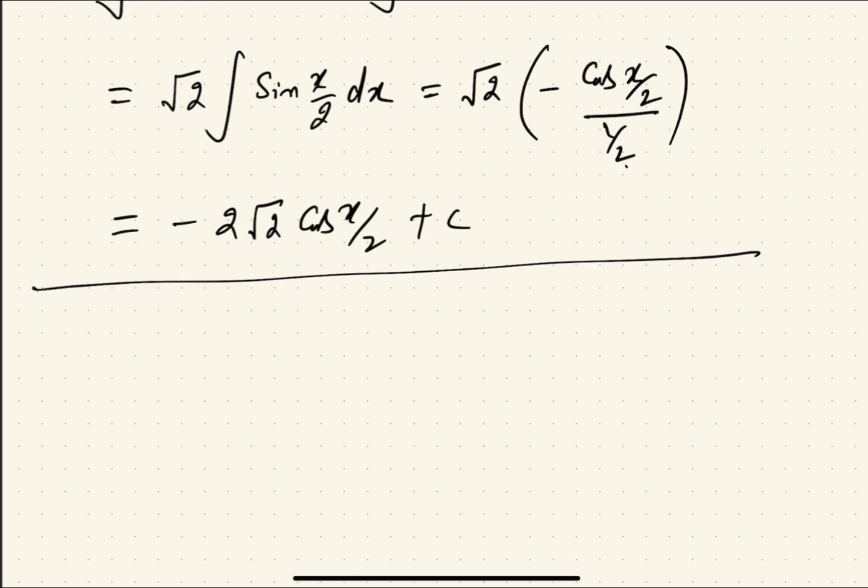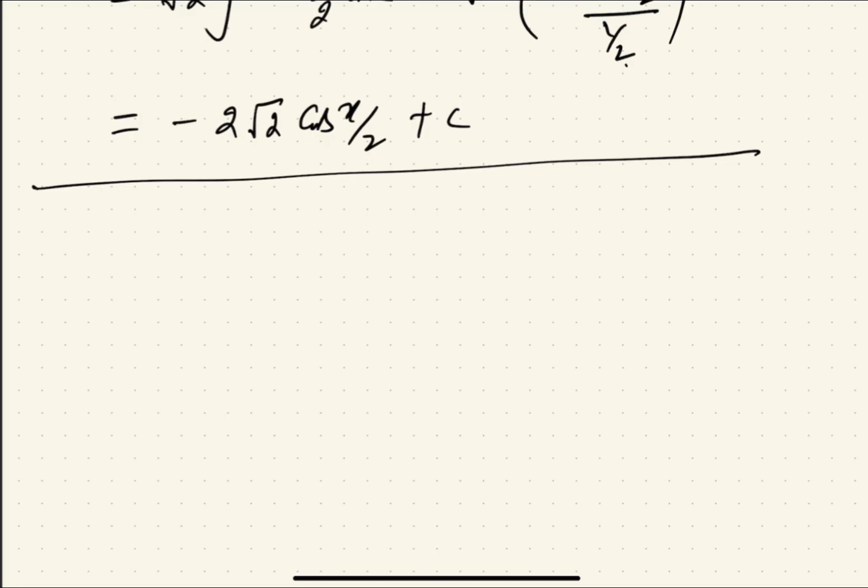And third one, we will use trigonometric identities to remove the square root. Integral of square root of 1 plus sine 2x dx.